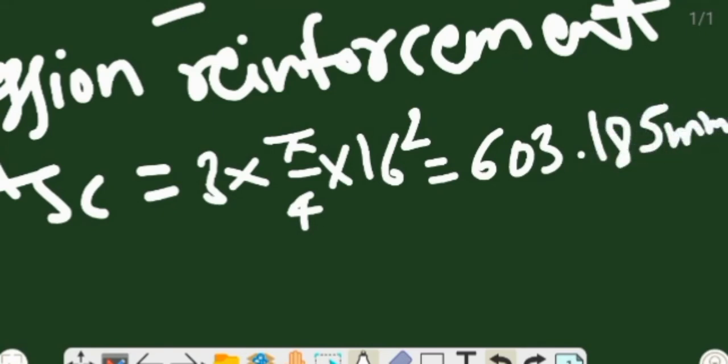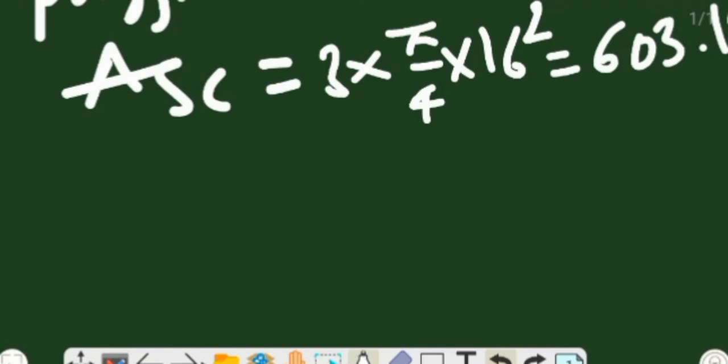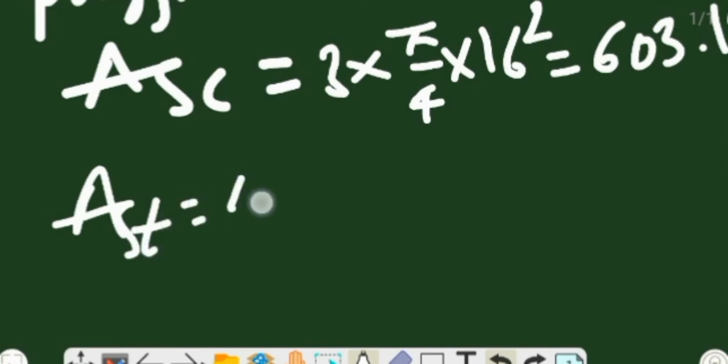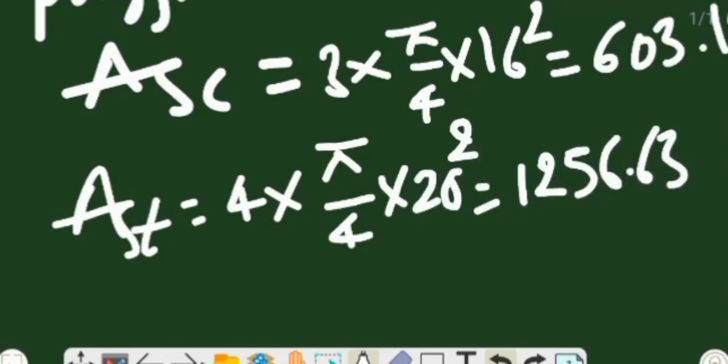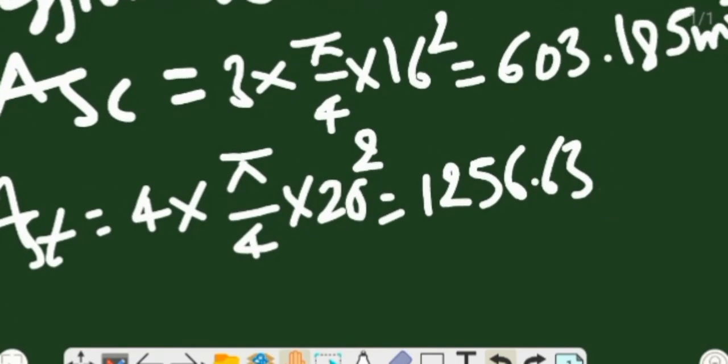We get the area of compression reinforcement equal to 603.185 mm square. And next, area of tension reinforcement AST: in the question it is given 4 bars of 20 mm dia. So AST equals 4 into pi by 4 into 20 square. We get AST equal to 1256.63 mm square.